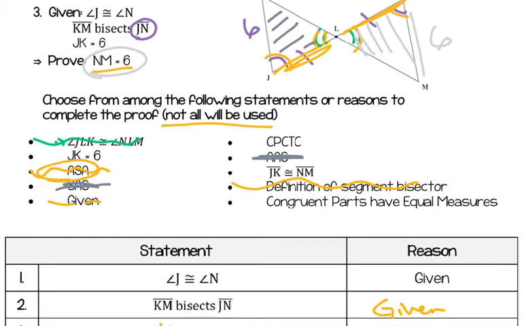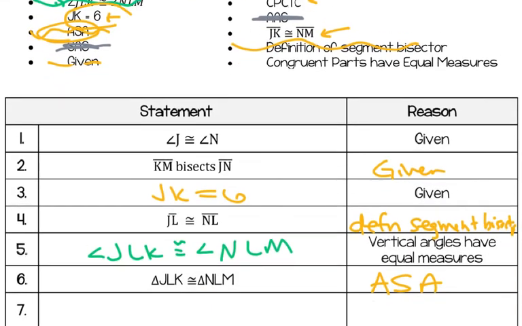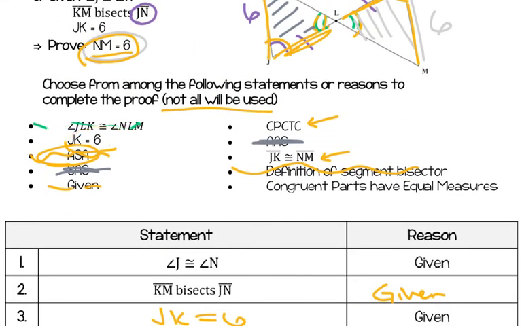Now looking at what I have left, I have CPCTC, and that means that if I've proven 2 triangles are congruent, which I have, then their corresponding parts are also congruent. That seems useful. And then I've got JK is congruent to NM. That's also what I'm trying to do, but it's not my end result. And then I've got JK is equal to 6. Oh, I think I just forgot to cross that out earlier. Yeah, that's already crossed out.